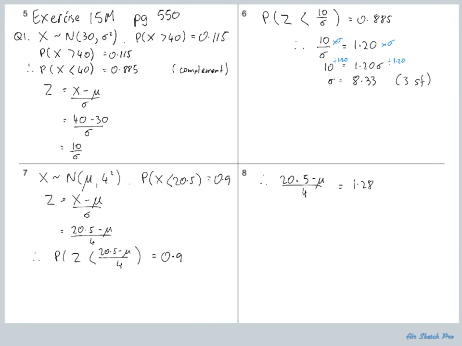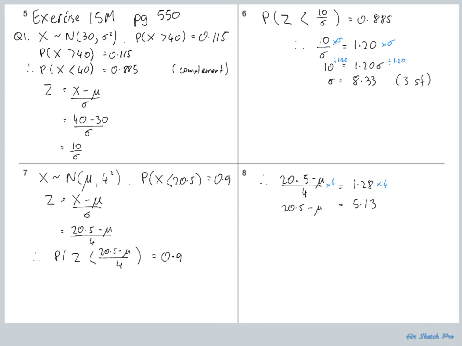That's just from your calculator. So now we're going to solve. I'm going to use the full value in my calculator, making it as accurate as possible, and multiply both sides by 4, and that'll get me 20.5 minus mu is equal to 5.13.